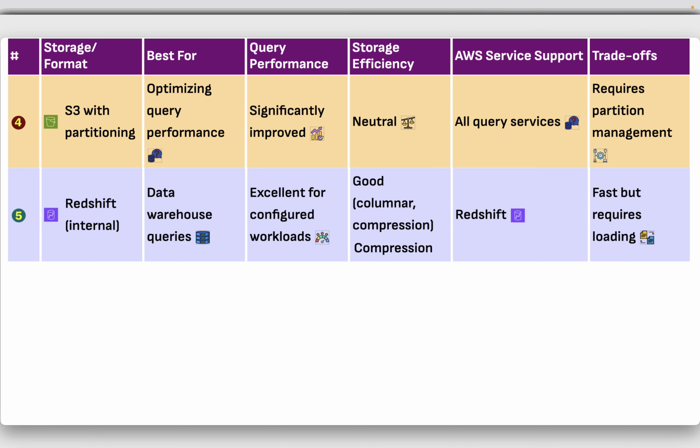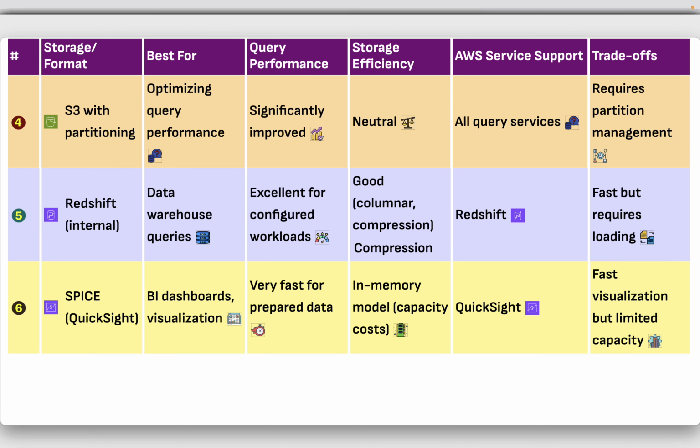So you have to load data beforehand in Redshift. Next, we have SPICE. This is for QuickSight, and it is best for BI dashboards and visualization. Query performance very fast for the prepared data. Storage efficiency: in-memory data model, and capacity cost. Only QuickSight is supported. Trade-offs: fast visualization but limited capacity.